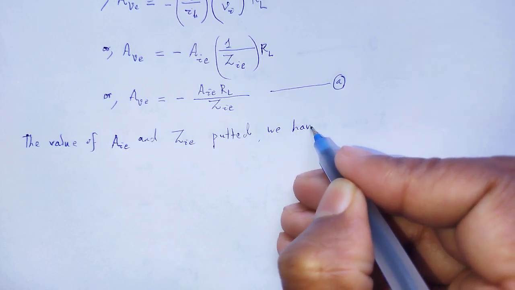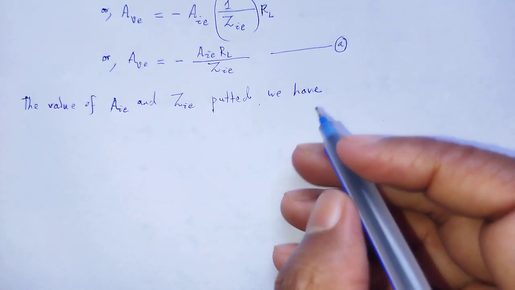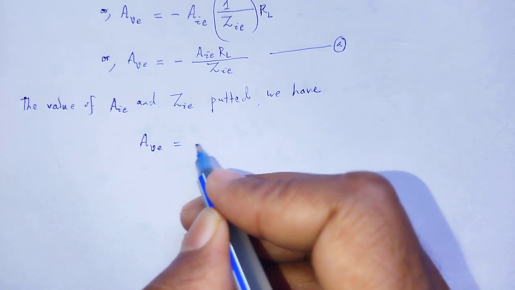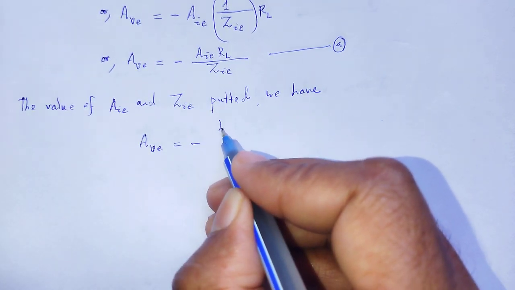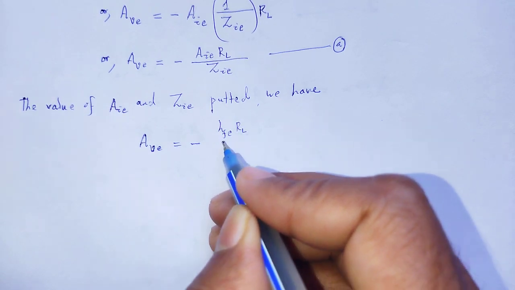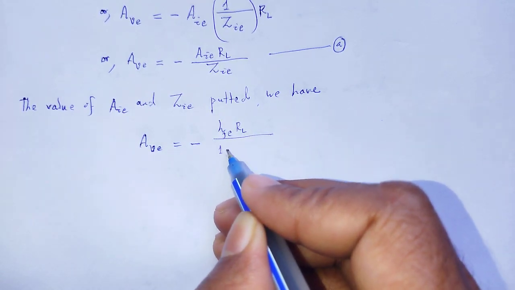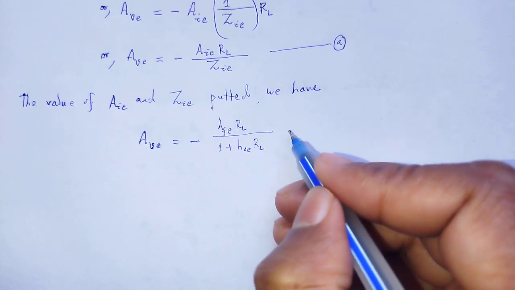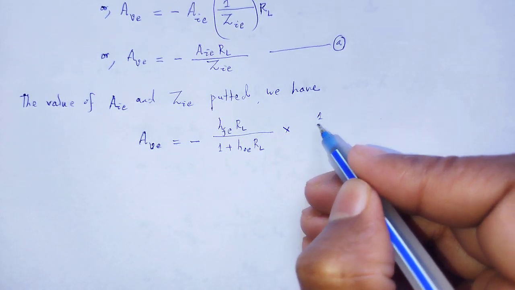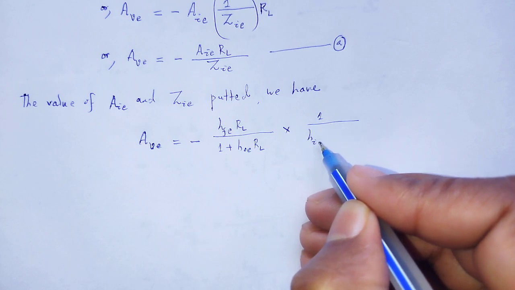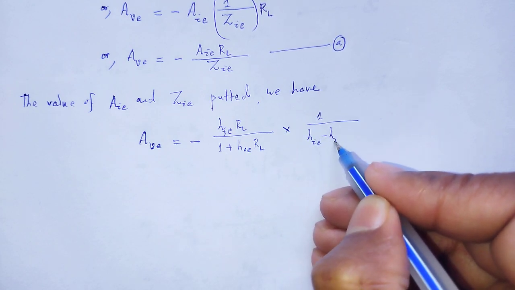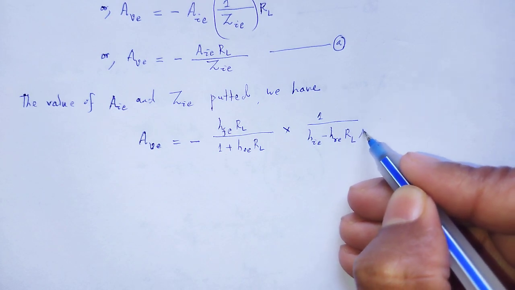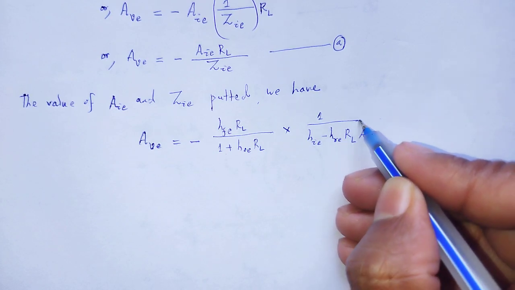We have AVE is equal to minus HFE RL divided by 1 plus HOE RL, into 1 divided by HIE minus HRE RL AIE.